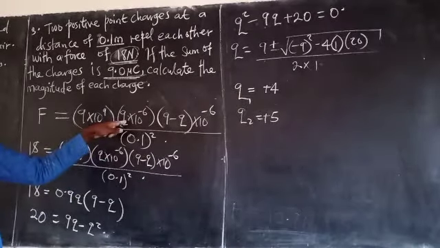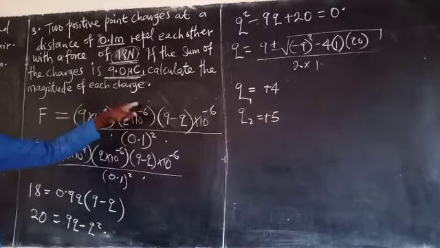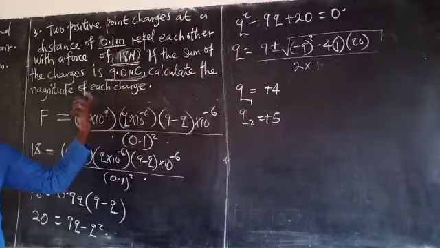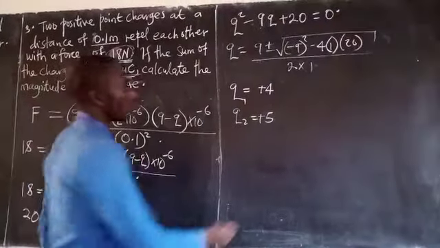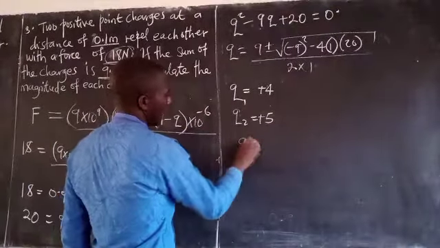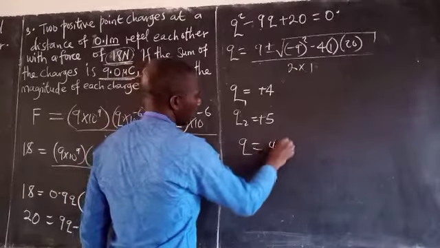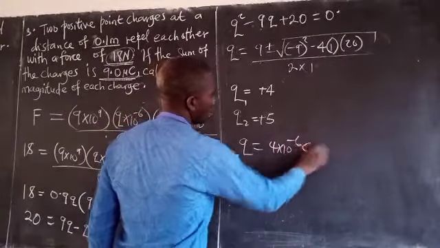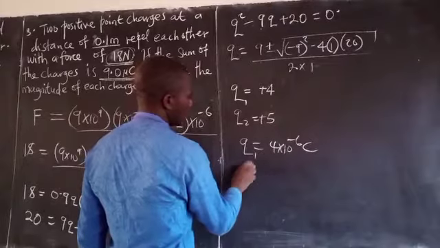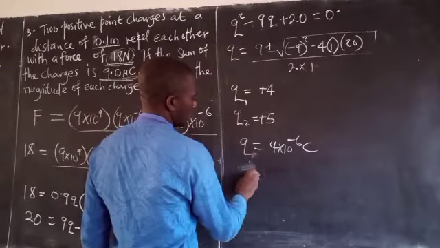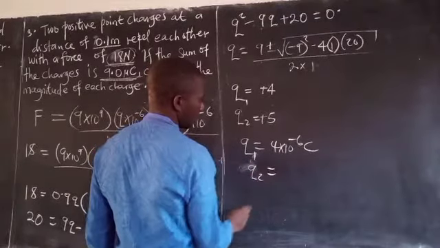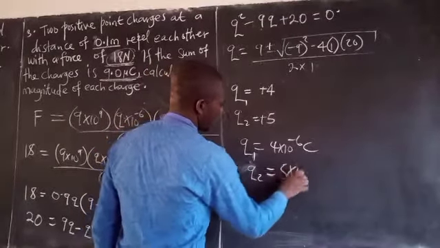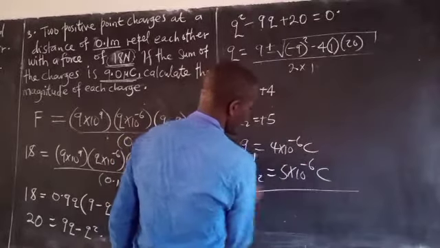Remember, this is q. So when you put there this one, to know what was here, then that is 4 exponent -6. So therefore, the charges are 4 exponent -6 coulombs and 5 exponent -6 coulombs.